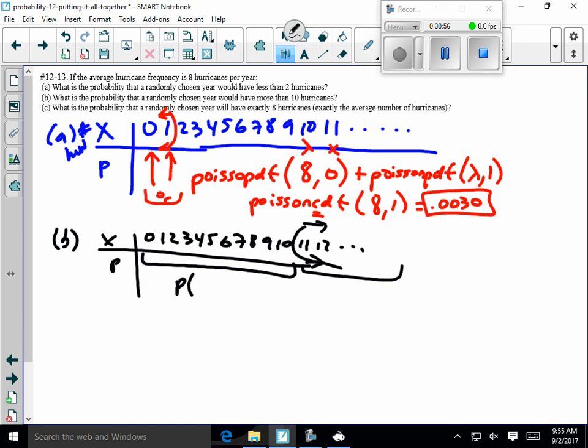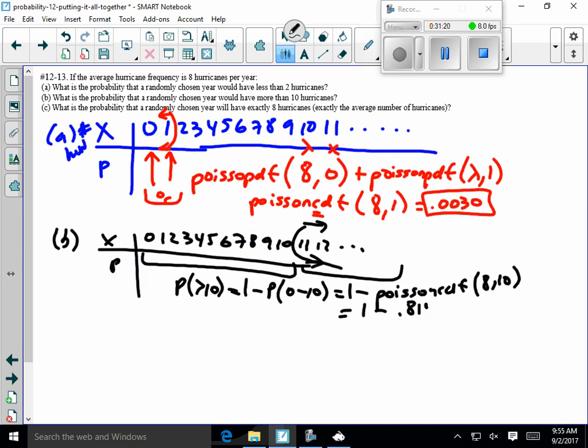So the probability of having greater than 10 hurricanes is 1 minus the probability of having 0 to 10 hurricanes, less than or equal to 10. And that's going to be 1 minus, and I'll use the Poisson CDF function again. 8 hurricanes on average that we have up to and including 10. And if you plug that in a calculator, that turns out to be 1 minus 0.8159 or 0.1841.